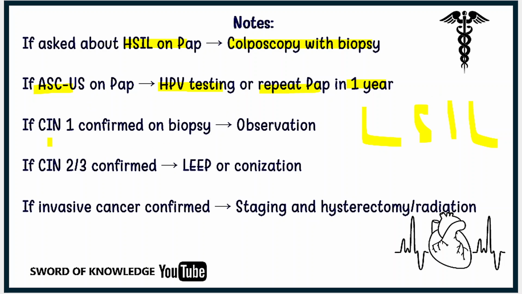Another point is if CIN 1 is confirmed on the biopsy, then we do observation. It is basically a kind of mild stage, equal to LSIL. This is different vocabulary, a different type of classification.